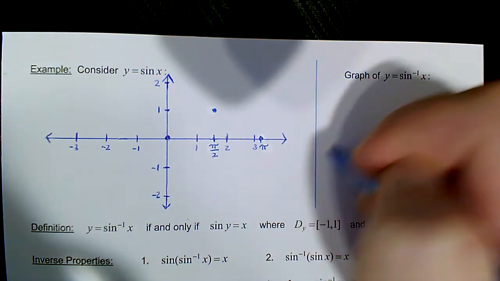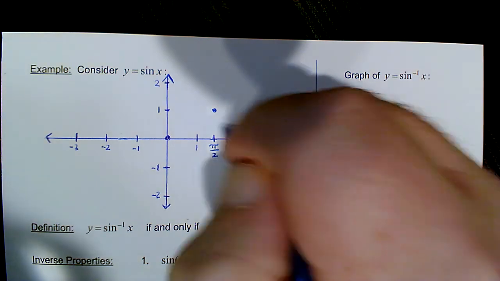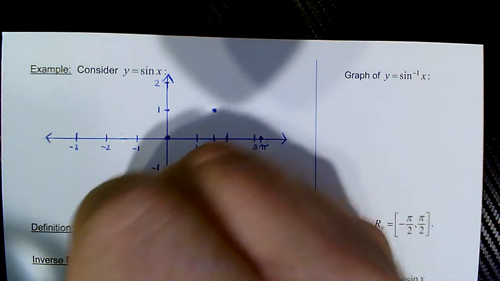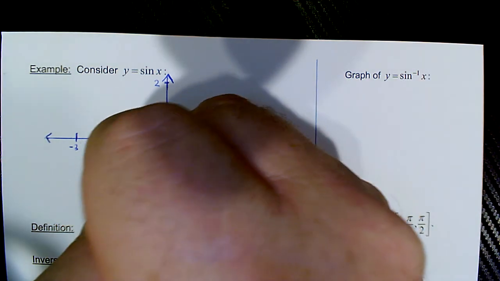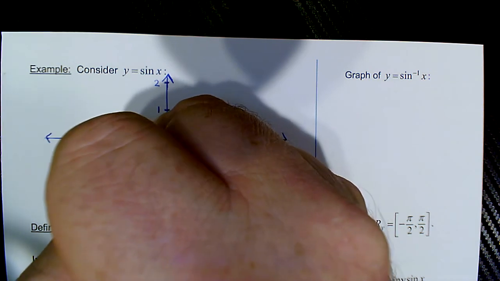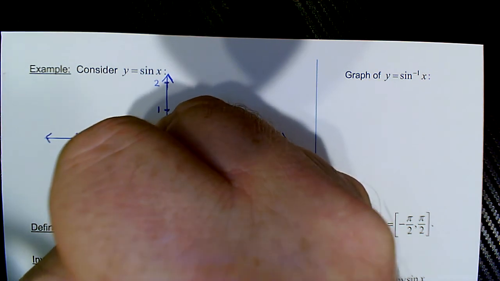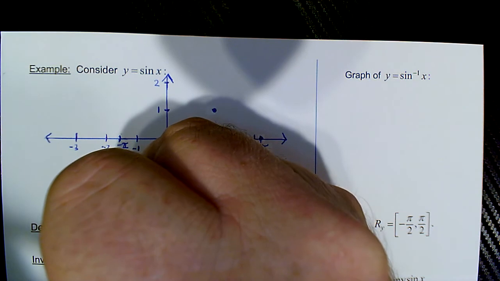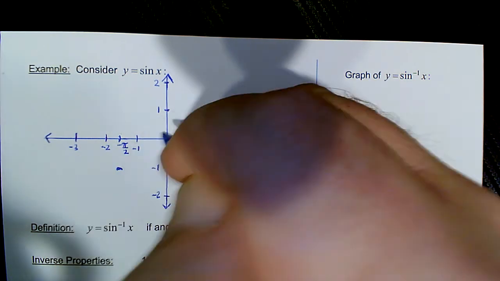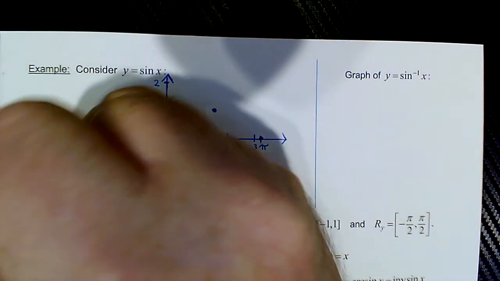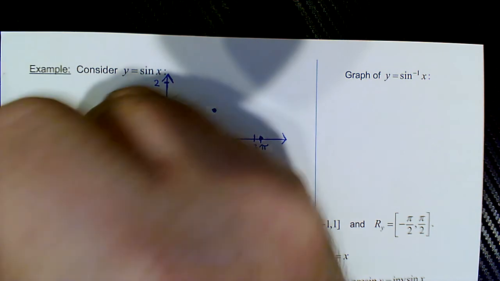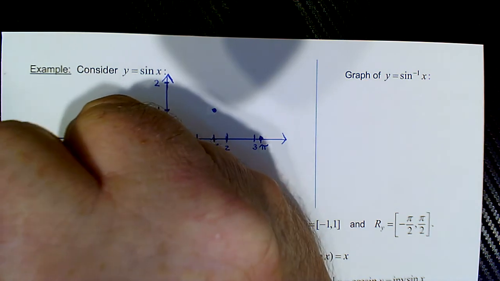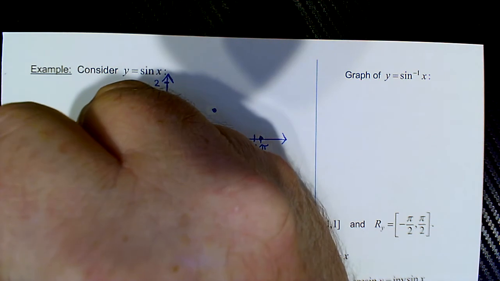And then it goes on in that direction, as you know, but that's all we're going to be concerned about here. Then in the opposite direction, negative pi over 2, which is a little more than negative 1.5, it reaches its low point of negative 1. And then at negative pi, a little more than negative 3, it goes back to 0.